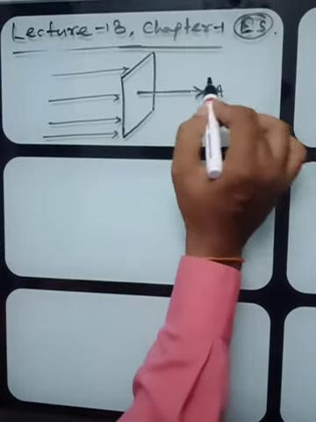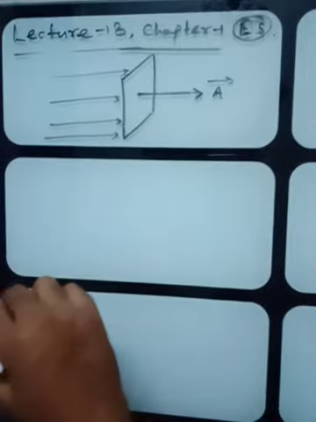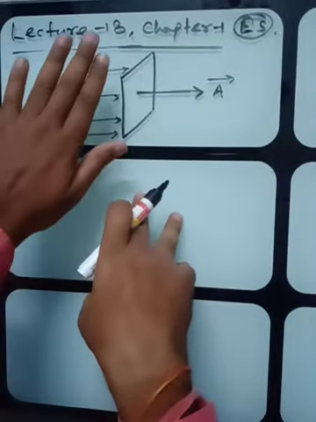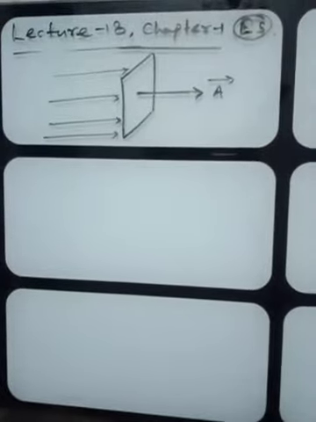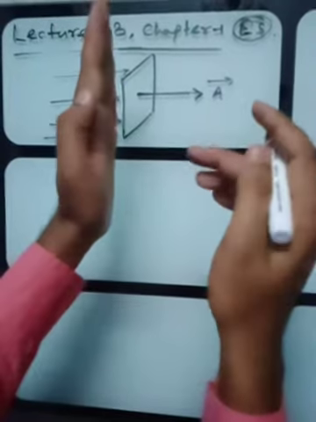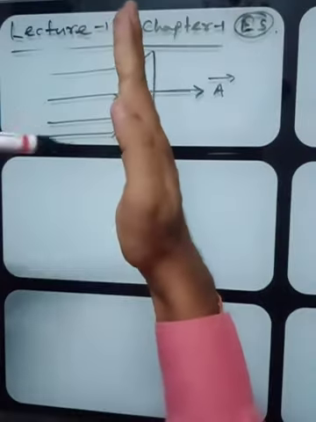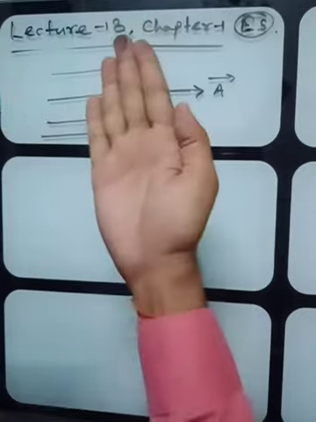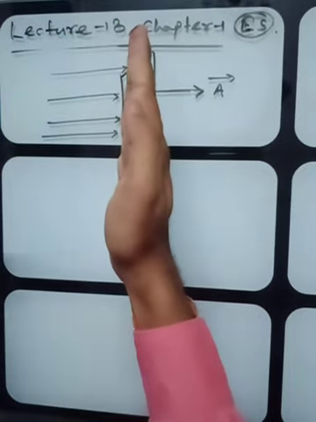You can write the area vector also. This is the area vector. Here you are capable of stopping the maximum field lines. You can see, if you tilt this plate, the plate is this one, and the field lines are coming in this way.